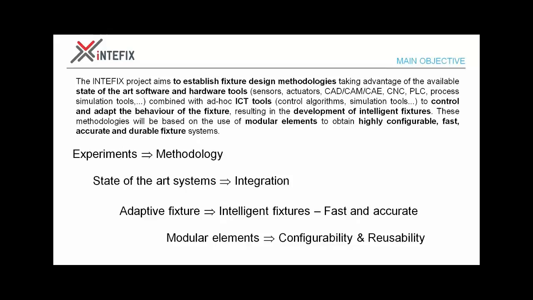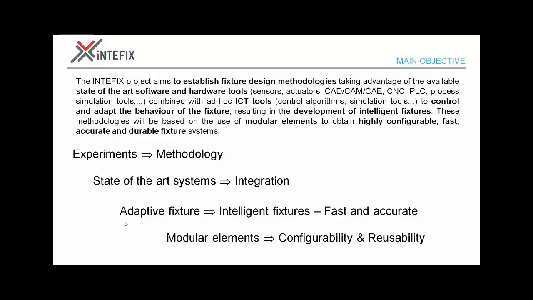The idea is to use these experiments as validation proofs, but after that we have to define the methodology to be able to apply the same concepts to other applications or in other machining field applications or in other processes.